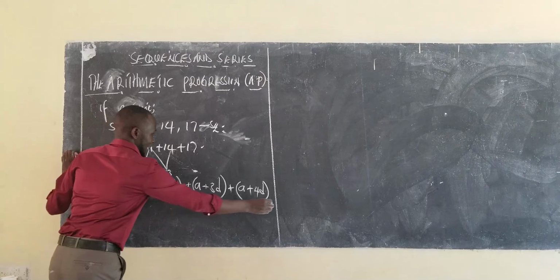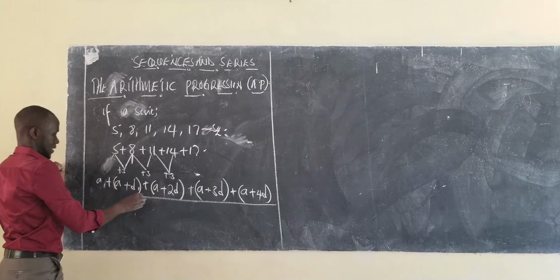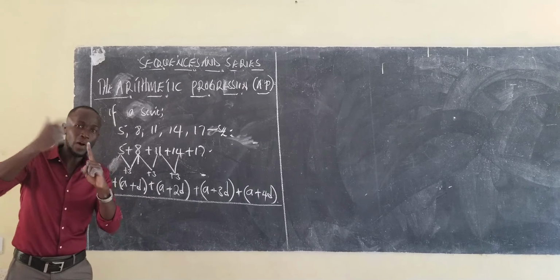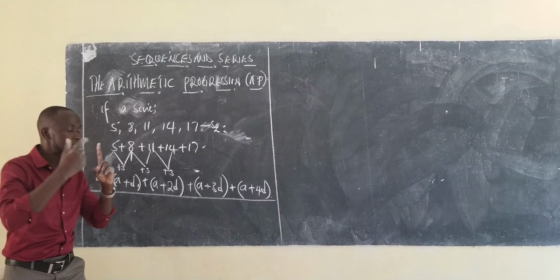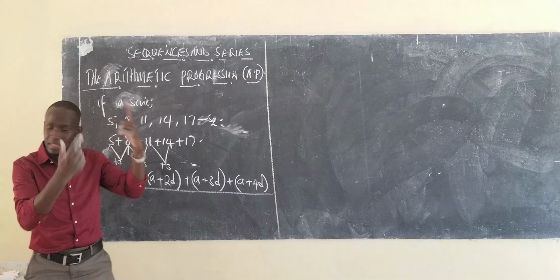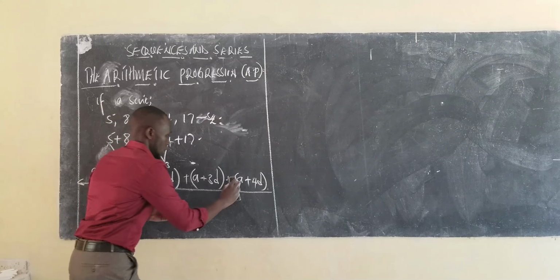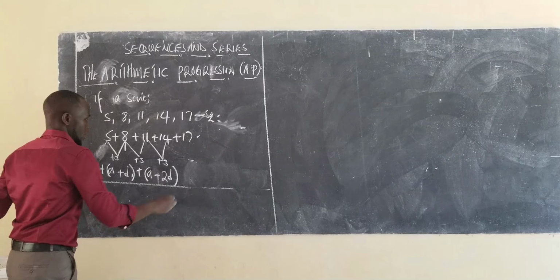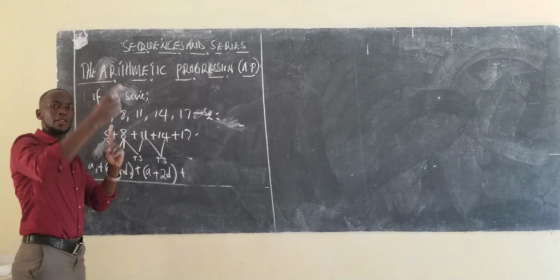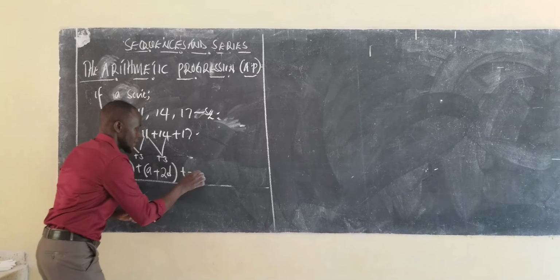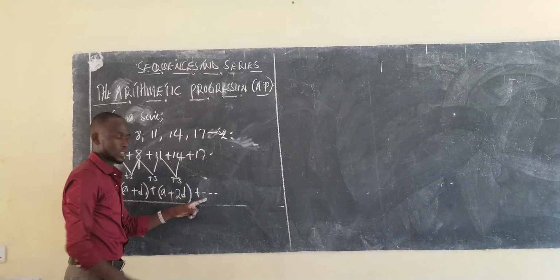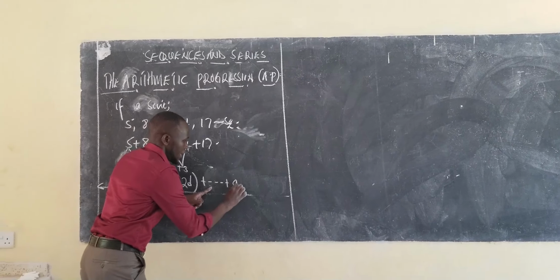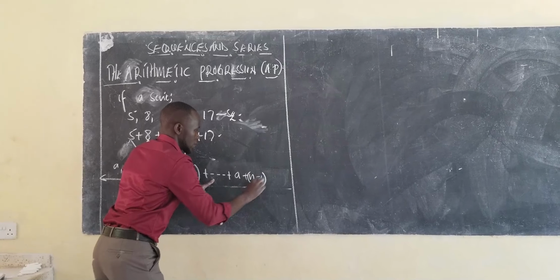So practically, an arithmetic progression is expressed in this sense. If we need to find out the nth value or the last term of this AP, let me cut this one a little short and end it at that. To get the final figure, we shall say plus very many items here that we don't know, plus the nth term, which is a plus n minus 1 into d.